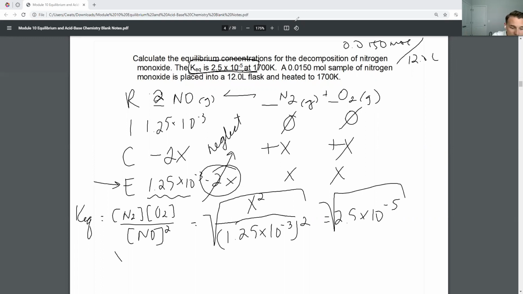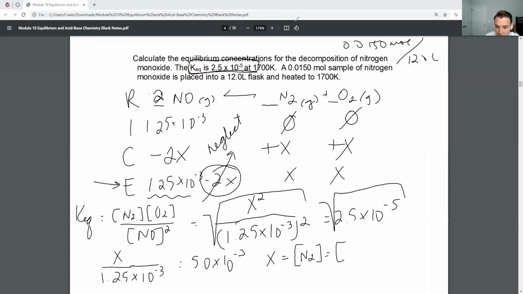So that gives me x over 1.25 times 10 to the negative third, just got rid of all those squares, is equal to 5.0 times 10 to the negative third. And so x, which equals the concentration of the nitrogen at equilibrium and the concentration of the oxygen at equilibrium, will be 6.3 times 10 to the negative sixth molar.